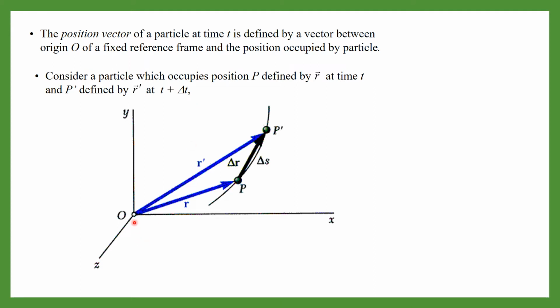Initially the particle is at P and the position vector is R, then it moves to position P dash, the position vector is R dash, and this delta R is the change in the position of the particle.